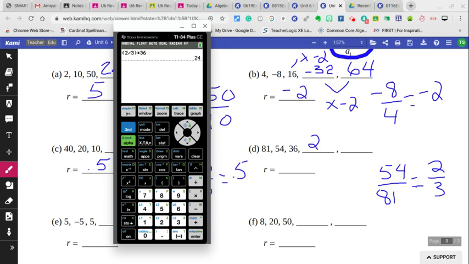And then we're going to take 24 and we're going to multiply by 2/3 again. Hit enter, and that second term is 16.